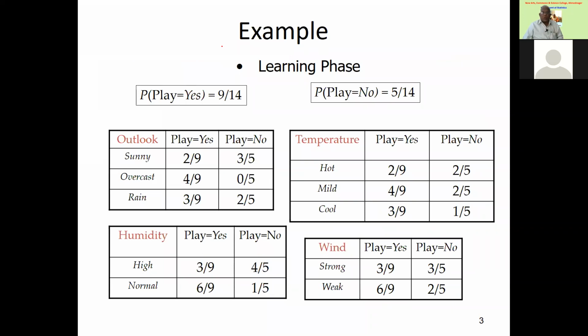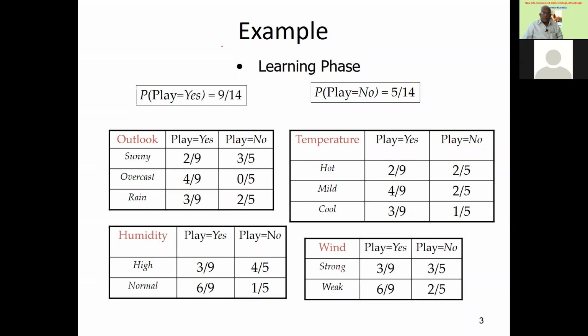The probability that play is no is 5 by 14. This is a marginal probability. It is based on the 14 instances, right?